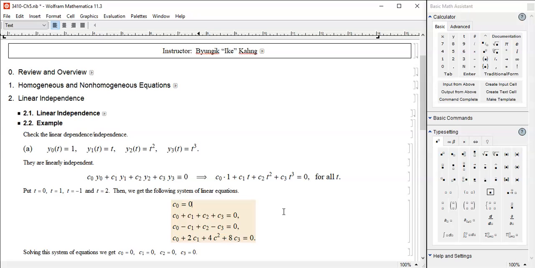Plug in 0, then we get all 0 here, so c0 equals 0. Plug in 1, then t to whatever power is all 1, so we have c0 plus c1 plus c2 plus c3 equal to 0. t is -1, we have plus minus plus minus. t is 2, then you get 1, 2, 4, and 8. Solve the system of linear equations, and you get all zeros.